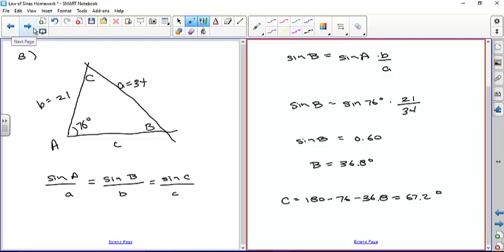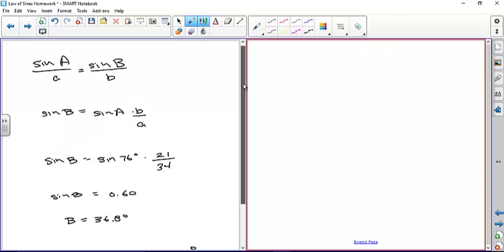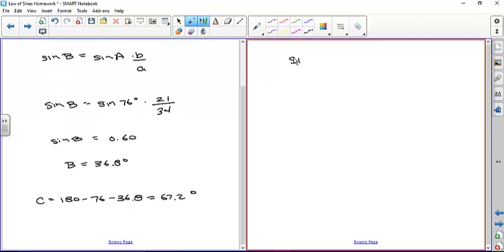And then I can use this law of sines ratio again, but now that I know angle C, I can use this part. So if I algebraically solve for C, take this, move that up to the top, the sine of C stays on the right hand side, the sine of A goes down to the denominator, and this A goes up top.